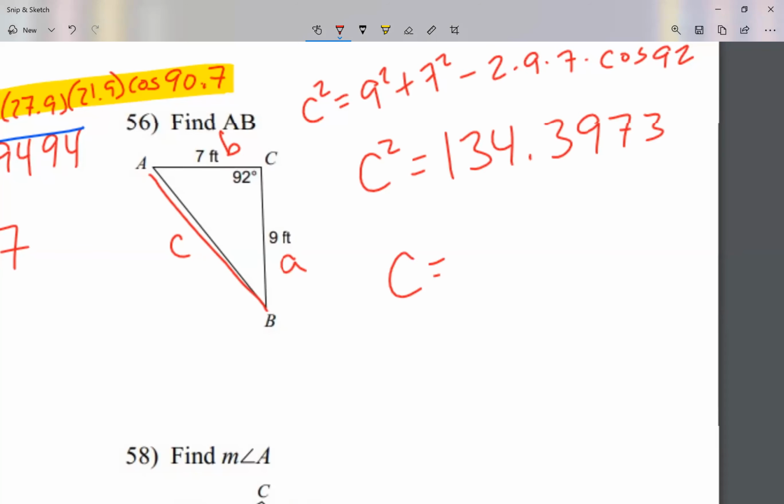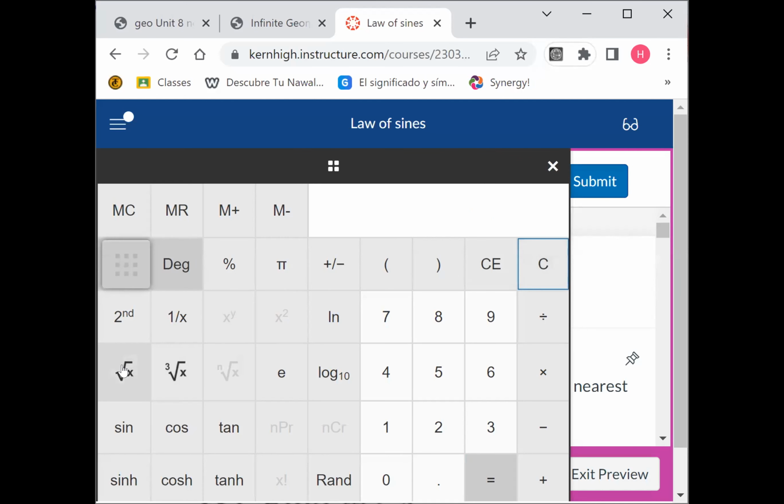So C is going to be the square root of that. One hundred and 34.3973. So 11.59, I'm going to call that 11.6.